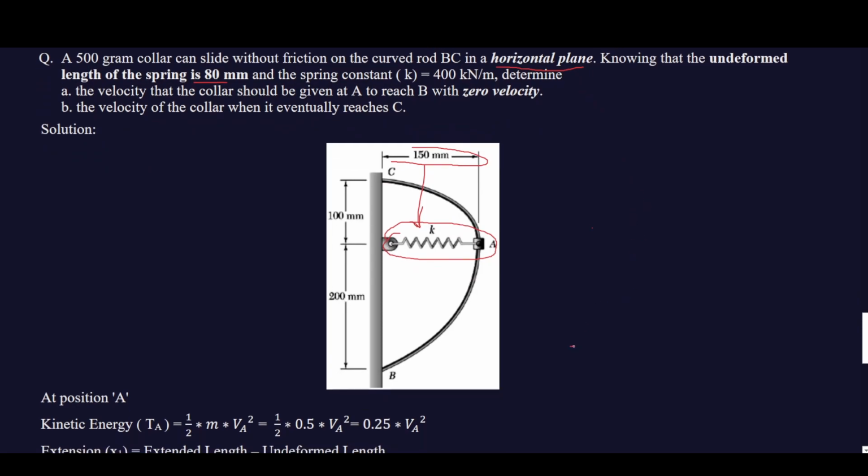As you know, the potential energy due to gravity is m g h, the product of mass, acceleration due to gravity and height. If the collar is sliding in the horizontal plane, there is no value of h, so when h equals 0, the potential energy due to gravity also becomes 0.